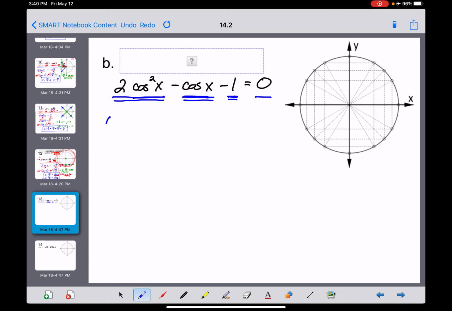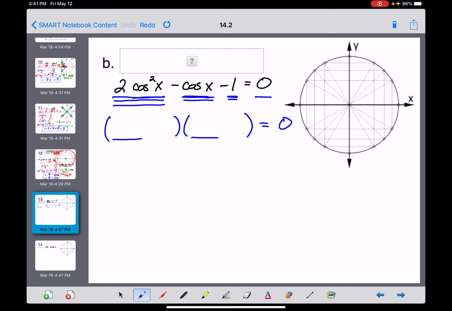By factoring with reverse FOIL. The process is exactly the same, it just gets a little bit weirder here. Let me show you what I mean. I need something to go here and something to go here that multiply together to make 2 cosine squared of x. Well, if that 2 wasn't there and it was just cosine squared of x, we would just put cosine of x times cosine of x.